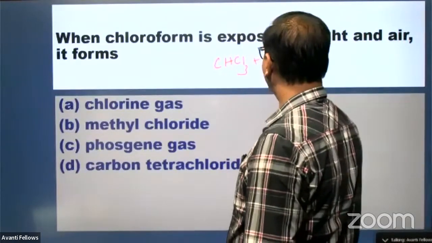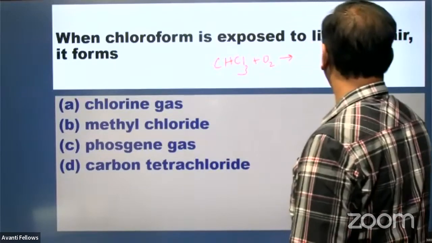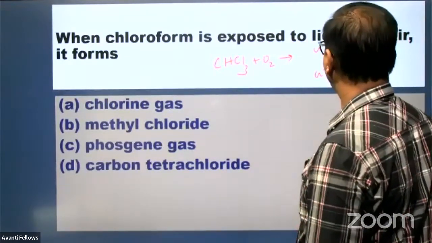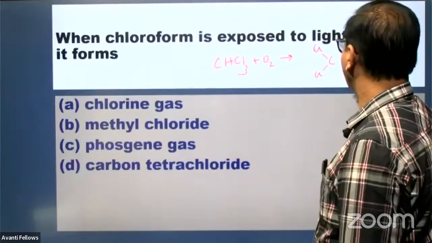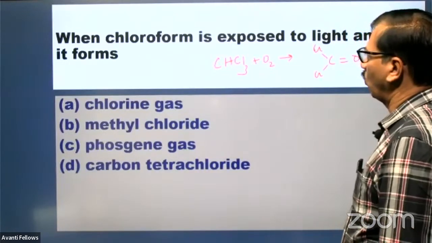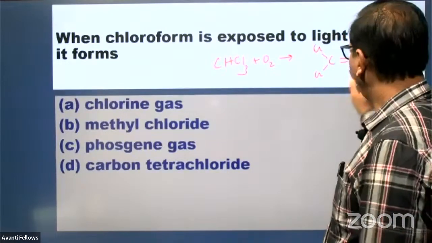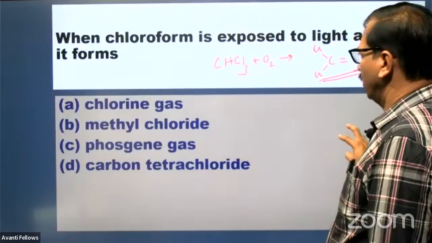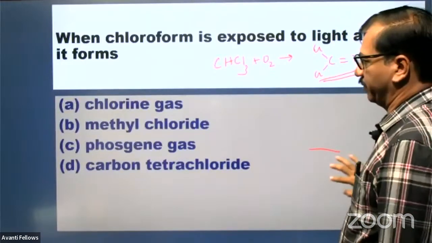On oxidation, it gives COCl2, Cl, Cl, CClO. So this is phosgene. It's a poisonous gas. Okay, fine.